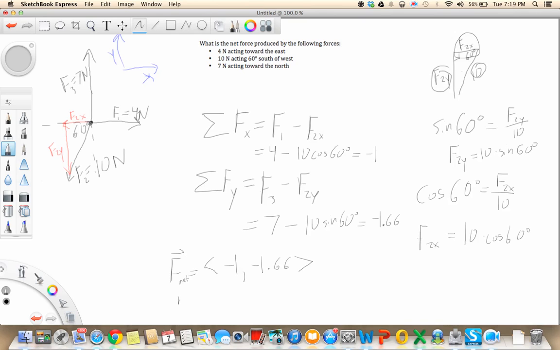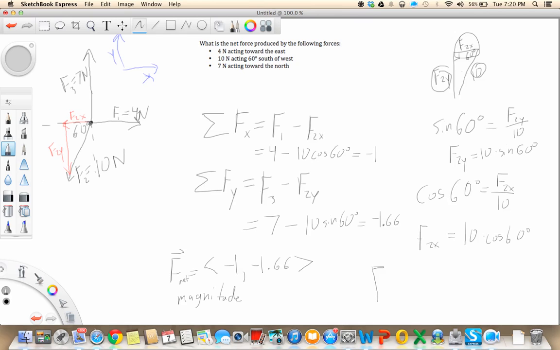Now, if we want to know the magnitude of the force, how big is the force, how much do the forces add together and cancel each other out, you learned from Mr. Pythagoras back years ago. We're going to make a new triangle.